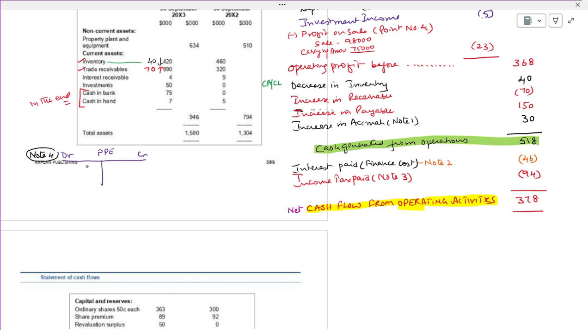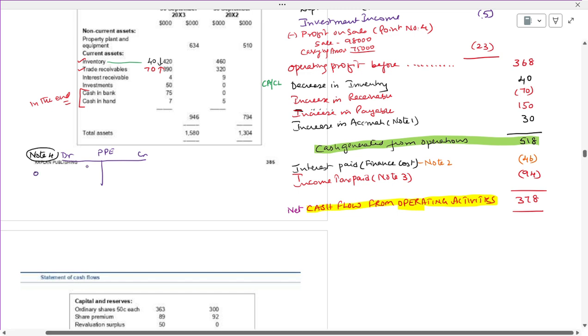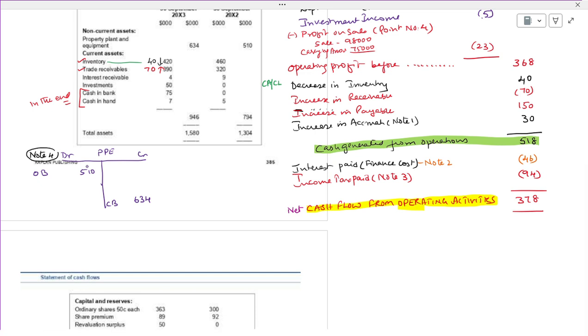Liability opening balance is always credit. Opening balance is 510. Closing balance will be 634. Opening balance is always on the debit side and closing balance on the credit side for any asset. Are you clear about this?